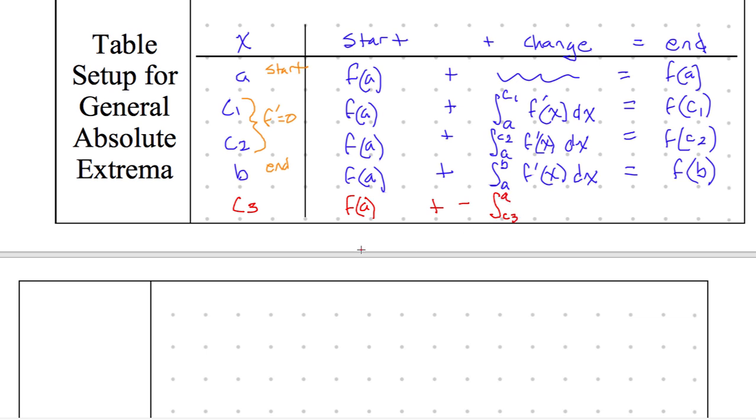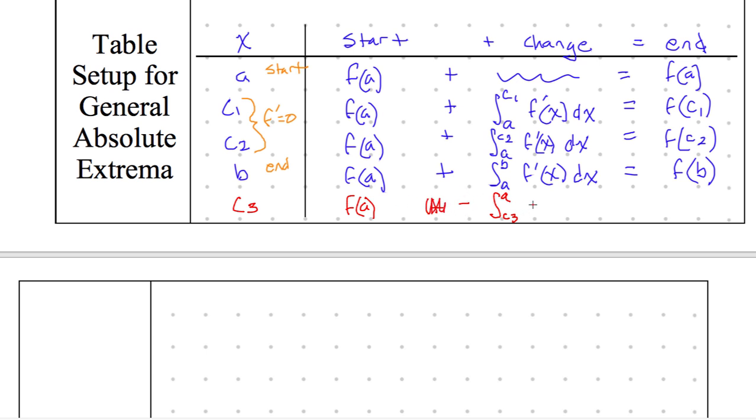Wait, it's minus? I thought it was a negative. Why is it minus C3 to a? It's because the lower one has to be on the bottom of the integral. I see why it's like that, but I thought it was a negative, like this negative symbol right here? Yeah, so get rid of the plus, it's just a minus.